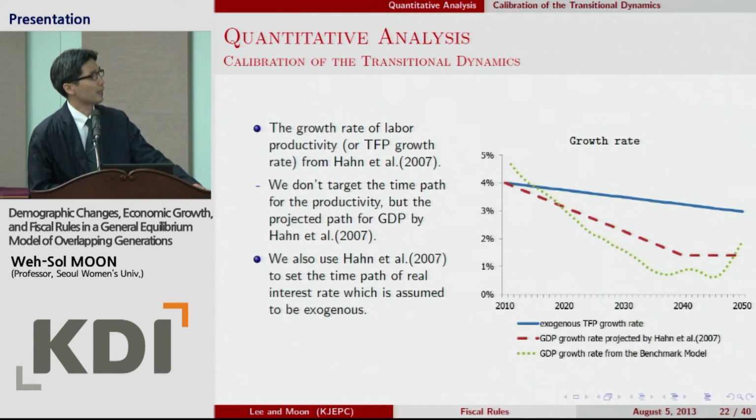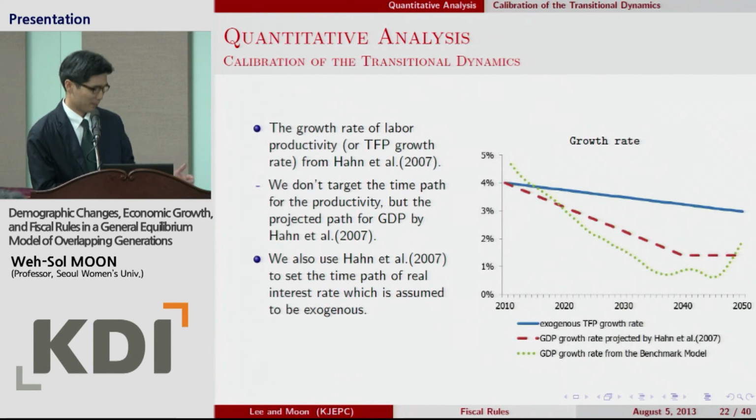So the red line is from Jinny Han's projections. That's the GDP growth rate. We assume the blue line, that's the TFP growth rate, labor augmenting technological progress. We assume this path, so we get the green dotted line. So it just mimics Jinny Han's projections. It's not quite different, but not quite the same.